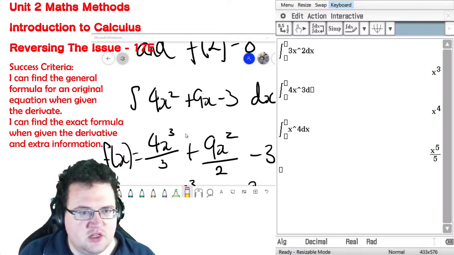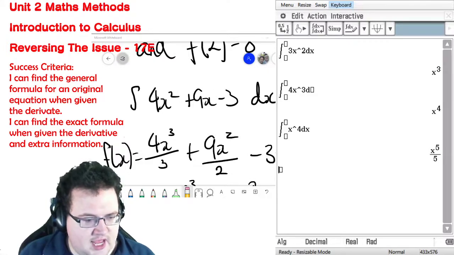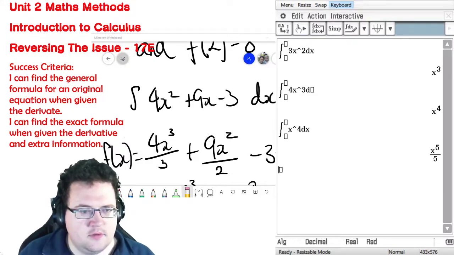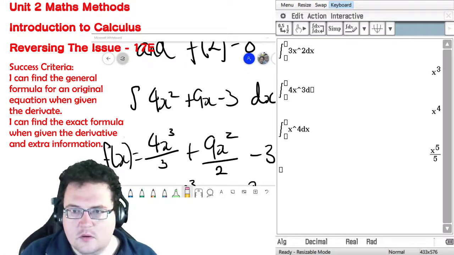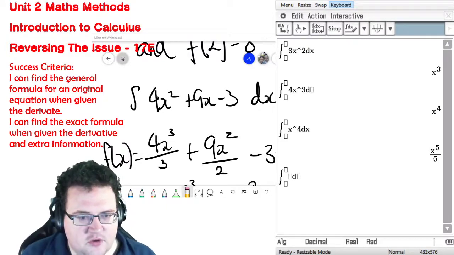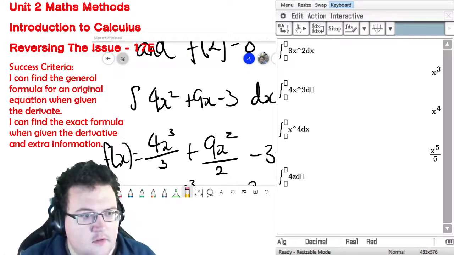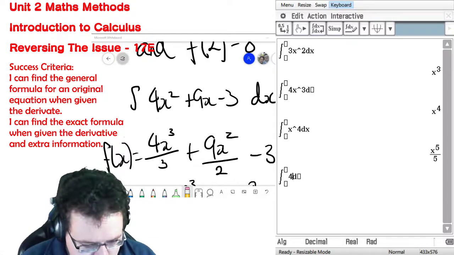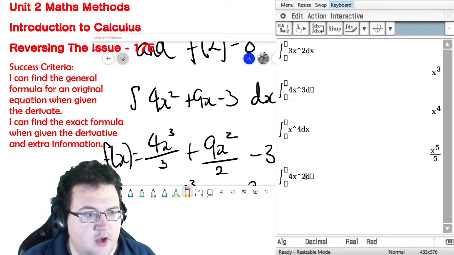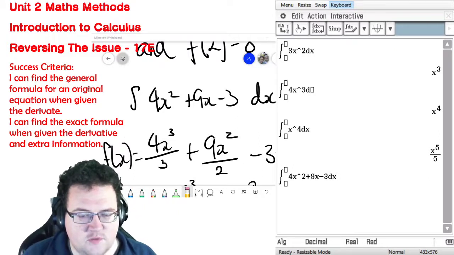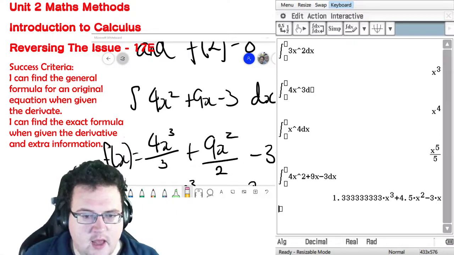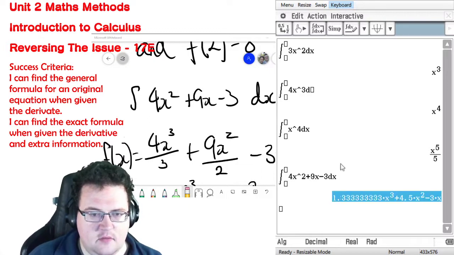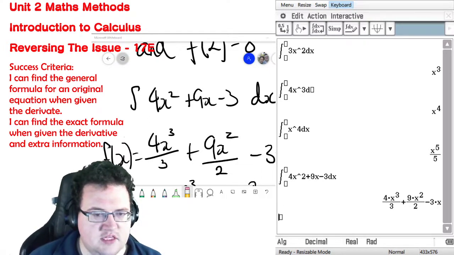And so the equation that we're looking for is this one here. Using our CAS, take the antidifferential of 4x squared plus 9x minus 3 with respect to x, and I get this lovely thing.